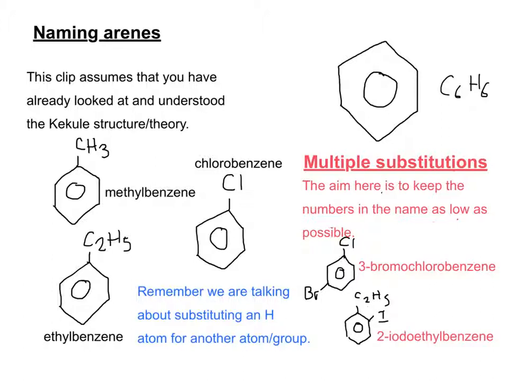So the first one would be 3-bromo-chlorobenzene, and the second one would be 2-iodo-ethylbenzene. Because if we take the numbering like so, that's where the numbers come from.